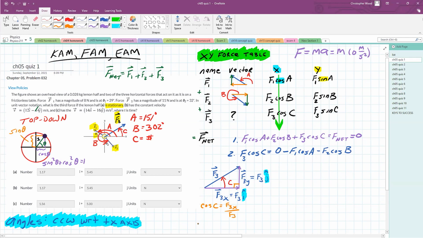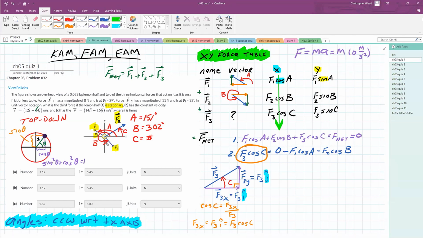So I'm seeing right here F3x, also known as F3 i hat, is expressed as F3 cos C. And you're done. And that's sitting right here. This is your answer. So this is why I'm loving this method. Knowledge is power.